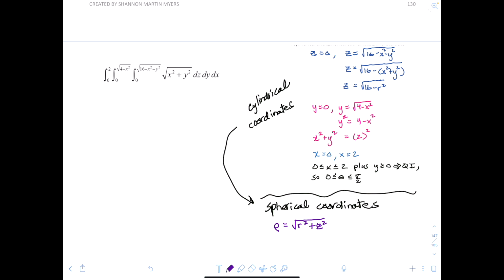Well, we know that z is root 16 minus x squared minus y squared, right?